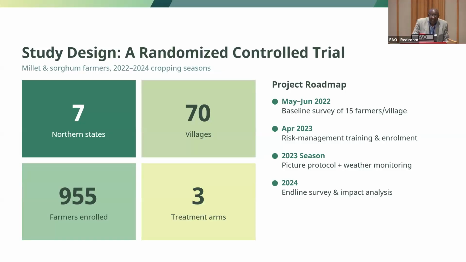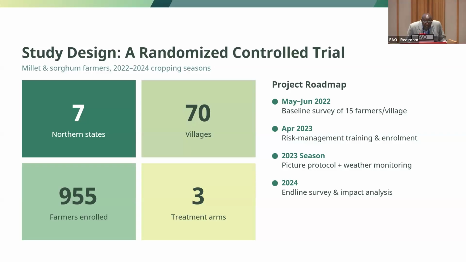Now, the study design. This study was conducted in 7 states, 70 communities, with 955 farmers who were assigned into 3 experimental groups: 2 experimental groups and 1 control group. Looking at the roadmap of the project, in May to June 2022, a baseline survey of 15 farmers in villages was conducted.